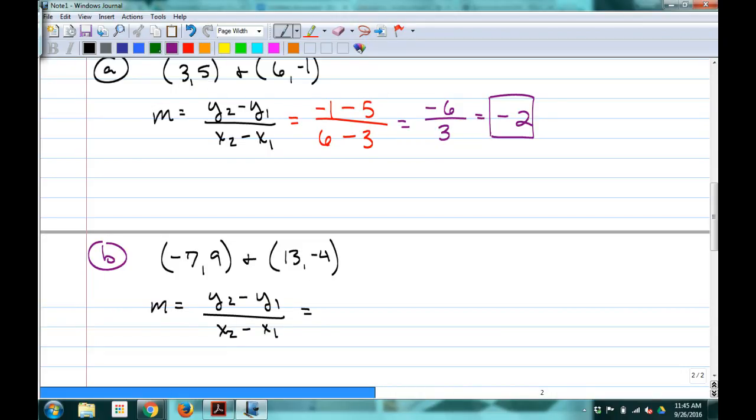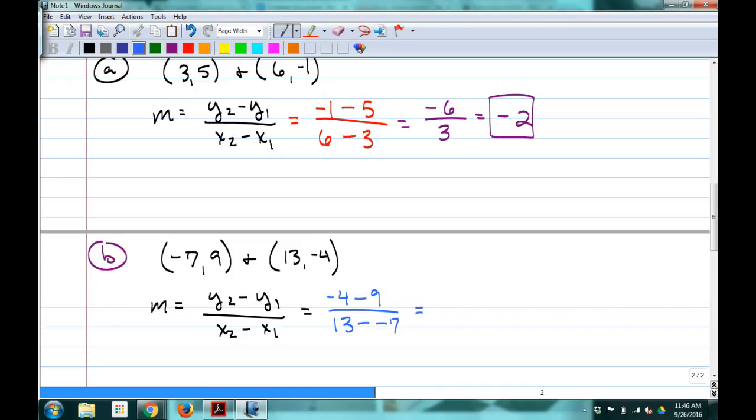So which Y value do you want to start with? If we start with -4, then we do what? Subtract 9, right? And on the bottom, what X value has to go first? 13 minus -7. Same as adding 7, that's right.